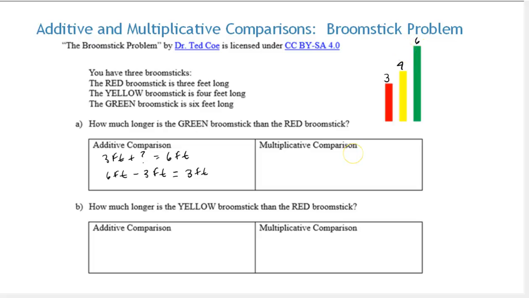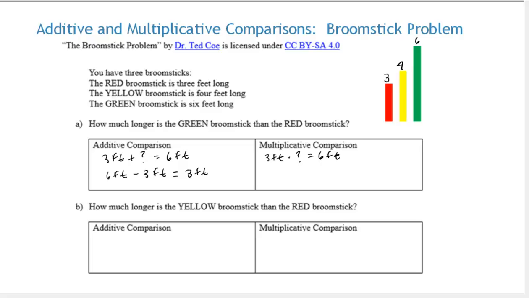Now we want to compare multiplicatively. So then we're asking, what do I multiply, or how many copies of the red broomstick will give me the green broomstick? So 3 feet times what value gives me 6 feet?